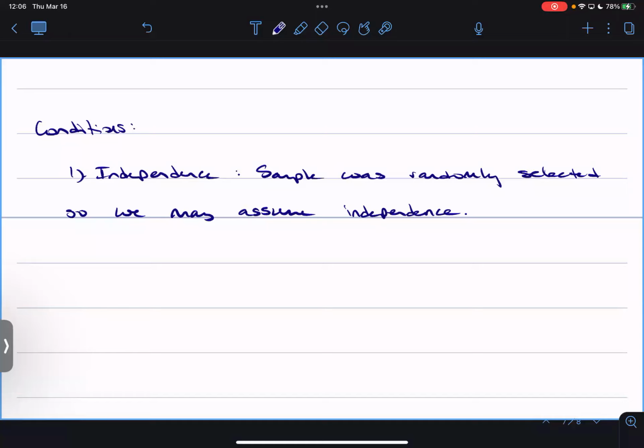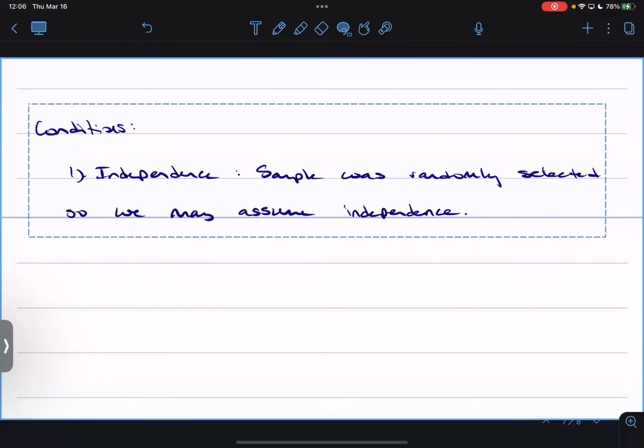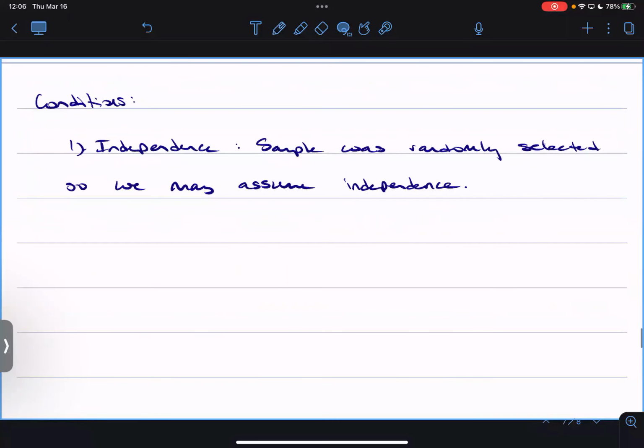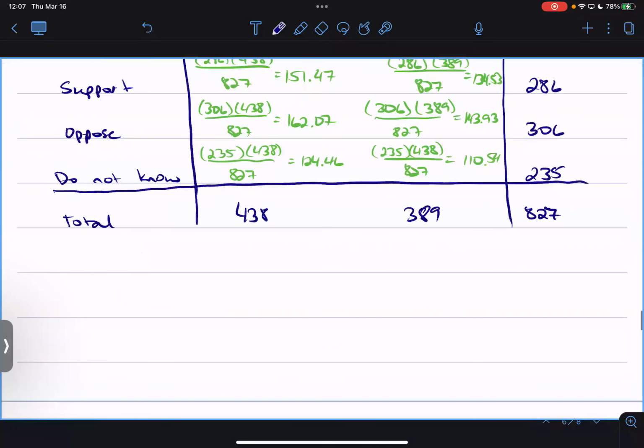Do you see how generic that statement is? You're welcome to just do something generic like that, okay? That way you can have it kind of a canned response, which is nice. I'm going to bump this down to a new page here because I want the second condition, the sample size condition. All of the expected counts are greater than 5, right?